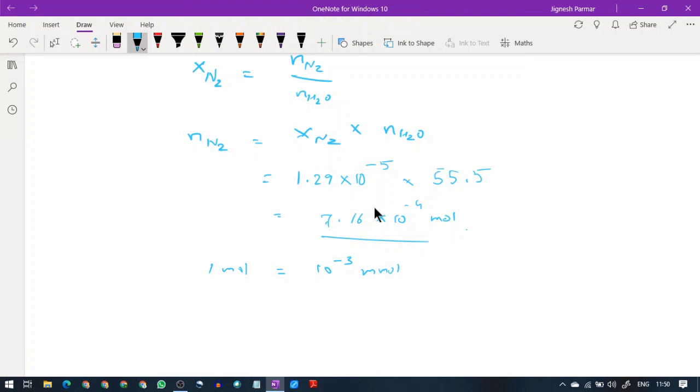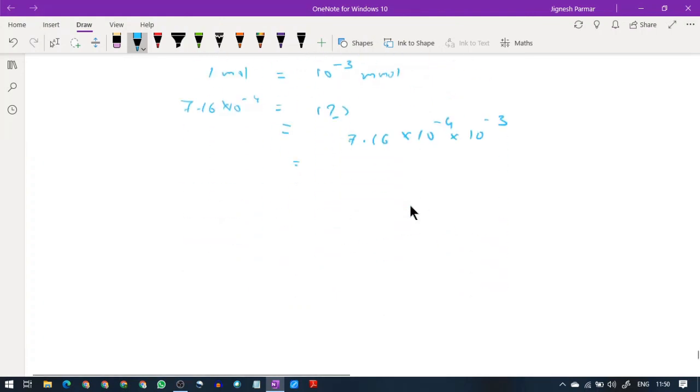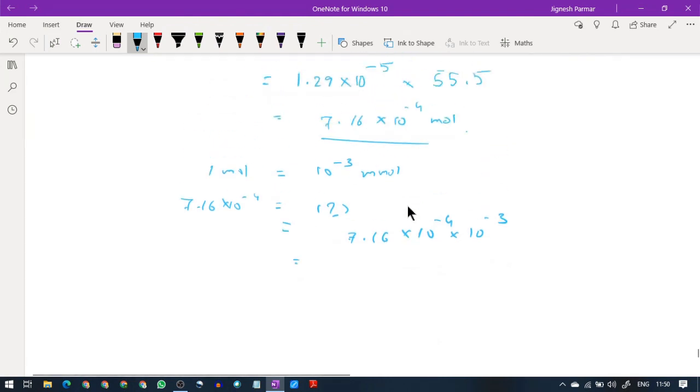Therefore, you have to convert this number by multiplying by 1000. So 7.16 into 10 raised to minus 4 is equal to how many millimoles? Multiply by 10 raised to 3.